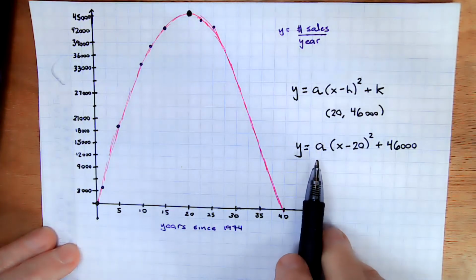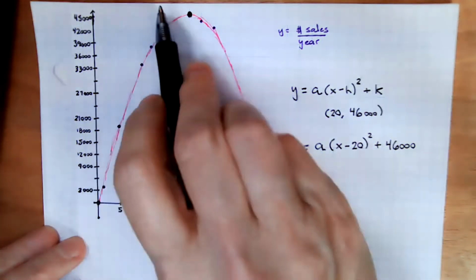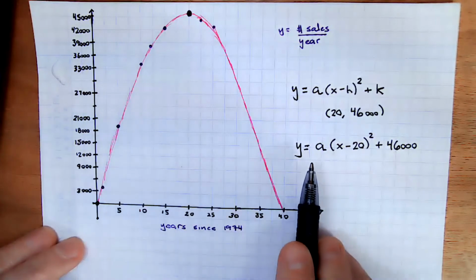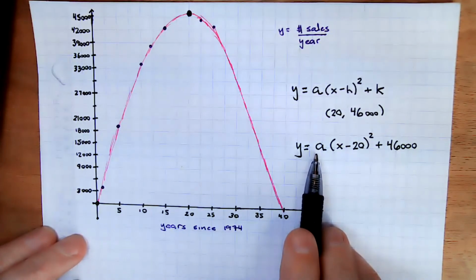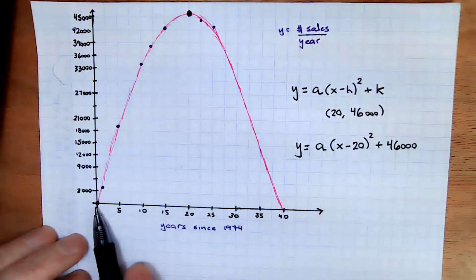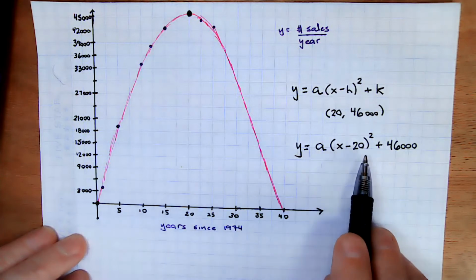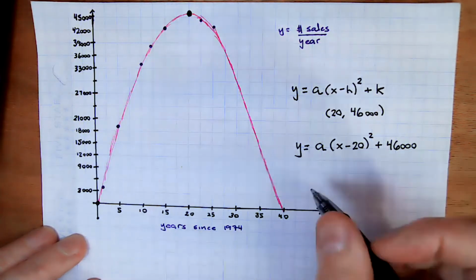Then I want to find A, so I'm going to need another point on this graph that I can plug in and solve for A. All right, so I notice that I have this very nice point where the function goes through 0, 0. So I'm going to plug that into this equation and solve for A.